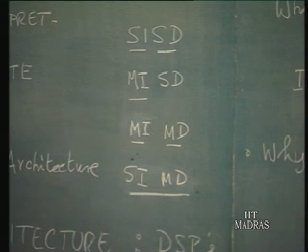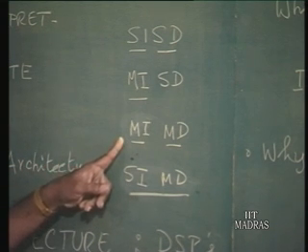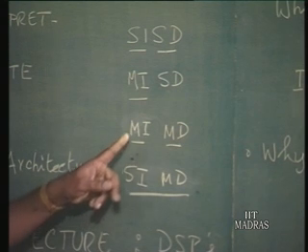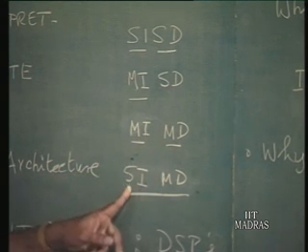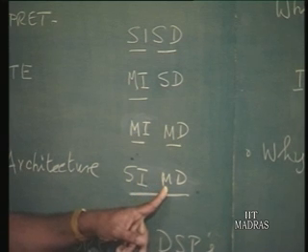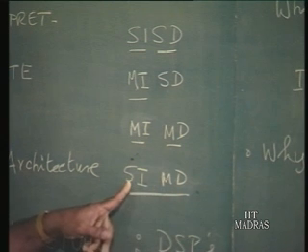Now, just take a look at this multiple instruction, multiple data. Okay, that is fine, because you can have more than one instruction and more than one data, and then single instruction and multiple data. Anytime multiple data can be processed with one instruction and another instruction and so on and so forth.